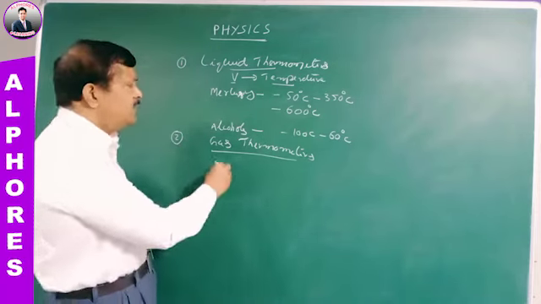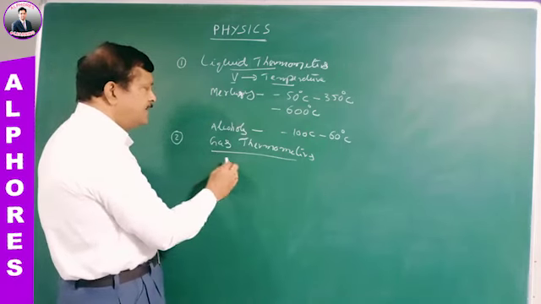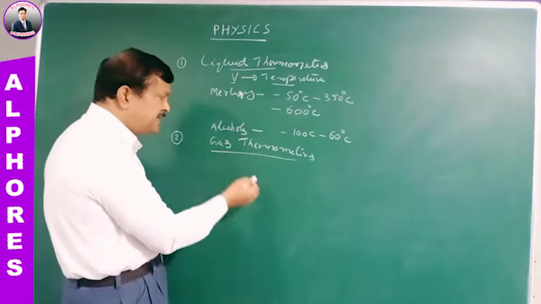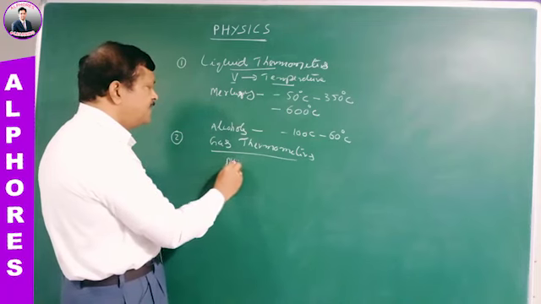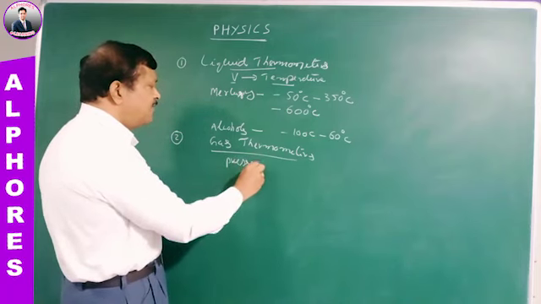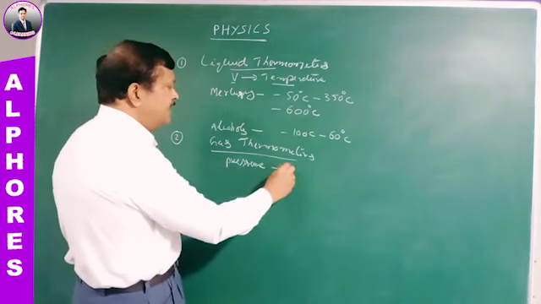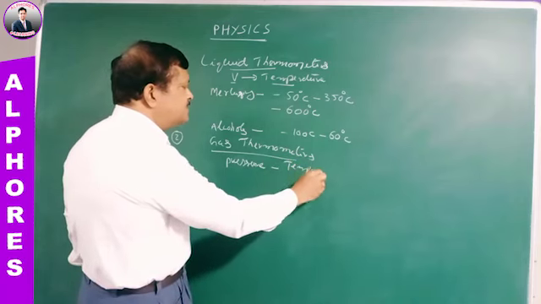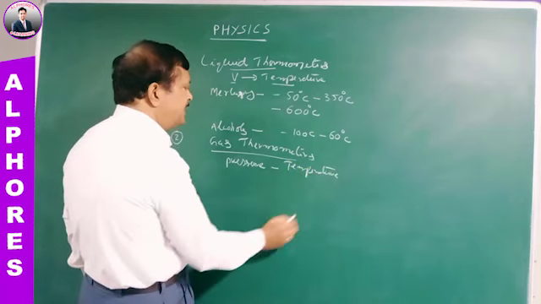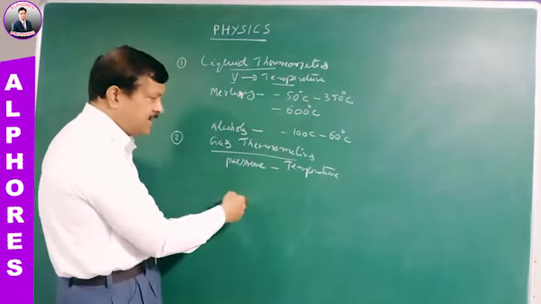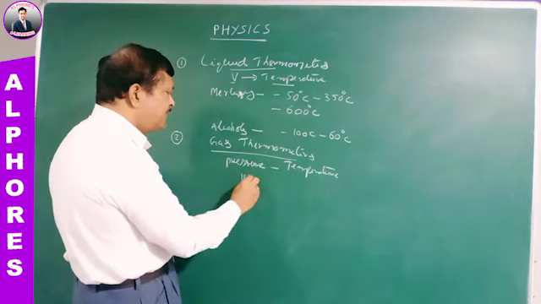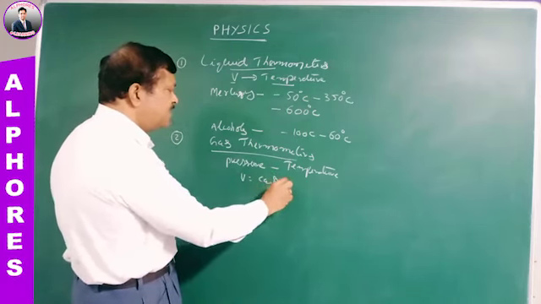So here we use the variation of pressure of a fixed mass of gas with the temperature. And to study this, we keep the volume of the gas constant.